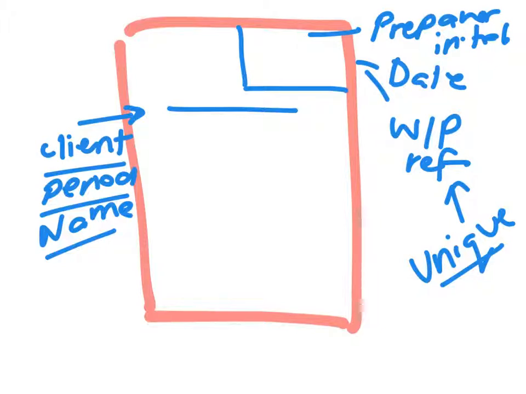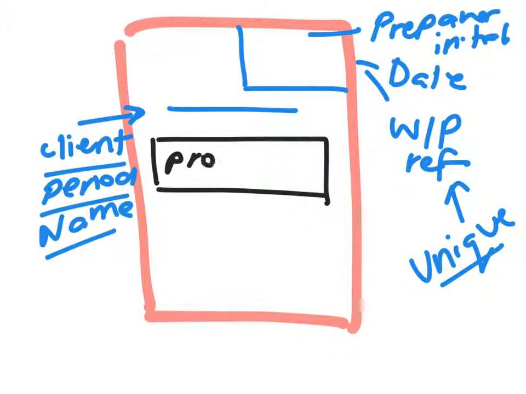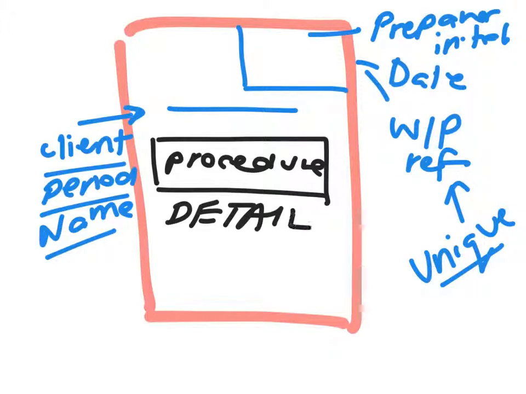The next thing that you would do is here, and that's when you actually talk about the procedure. You actually write down what is the test that was performed, in detail. Please make sure you write this down in detail. What do I mean? You don't just say vouch sales.